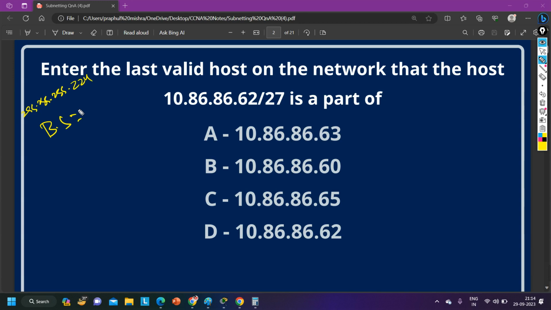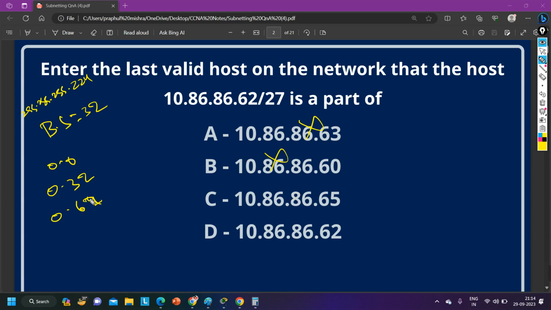What value will you get? 32. Yes, 32. So tell me which one is the right answer. Network IDs will be 0.0, then 0.32, 0.64, like this. So this one is incorrect. This one is also incorrect. This one is also incorrect. Which one is correct then?